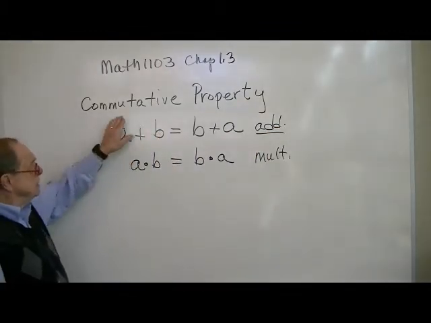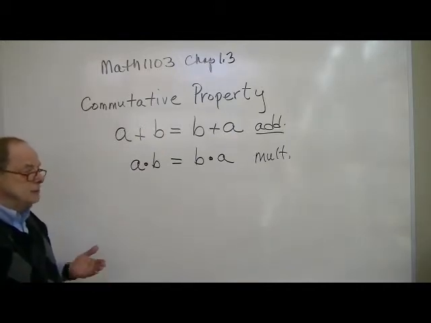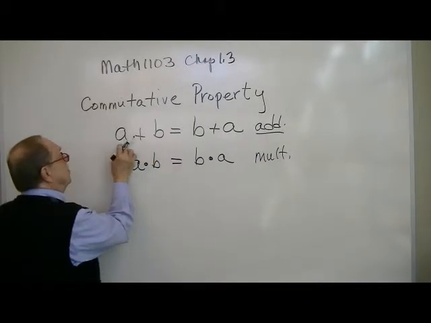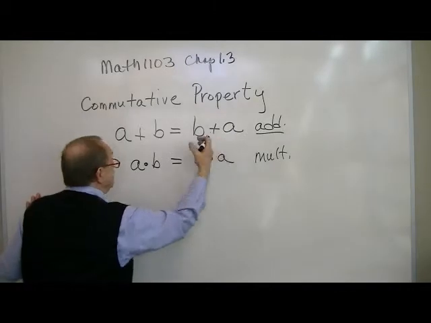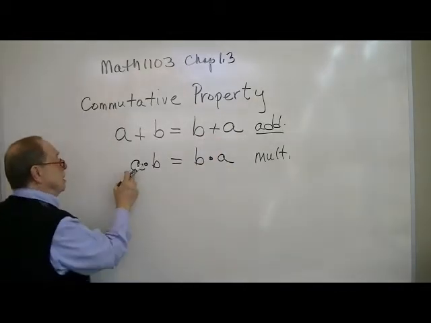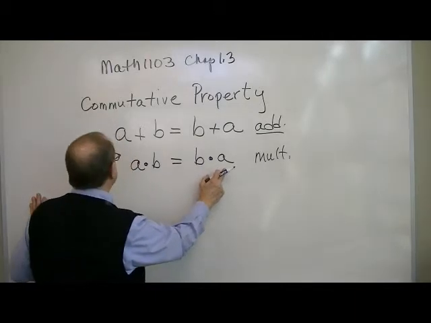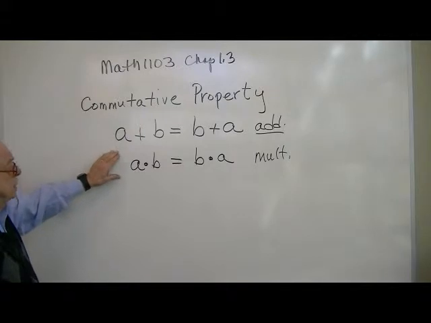So again, in the commutative property, this tells us we are allowed to do it. Take a part of an addition, add it to something, or the other part, it's going to be the same. Multiply A times B, or B times A. The commutative property of addition, commutative property of multiplication.